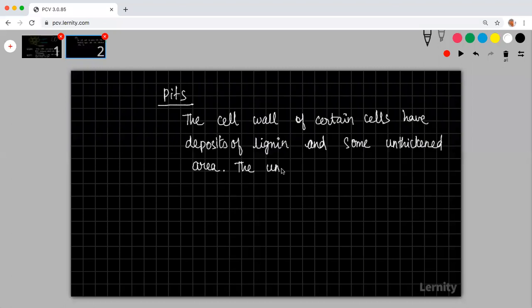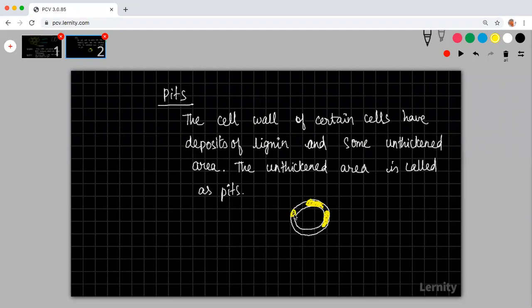The unthickened area is called pits. If this is the cell and this is the cell wall, some areas are thickened with lignin, and suddenly some areas will have no lignin.